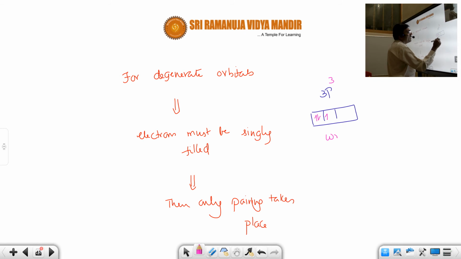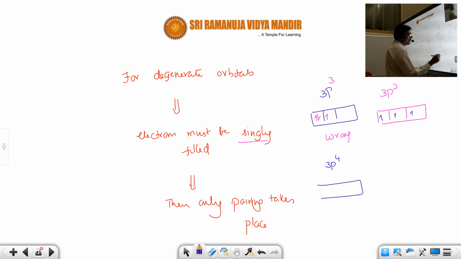So it is a wrong notation. Hund's rule will not accept it. Why? Because it says first it should be singly filled. Means first of all for 3p3, what Hund is saying is first it should be singly filled. Like this you should write. So for example, let us take here 3p4.